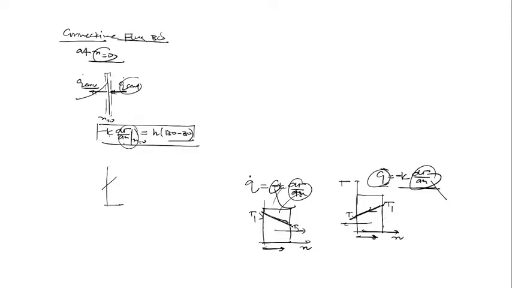So q is in negative x. Heat transfer happening in negative x is only possible when dt upon dx is positive.